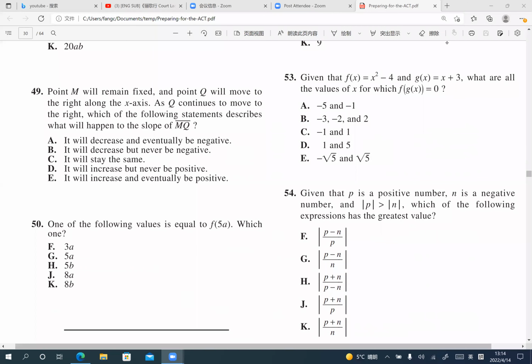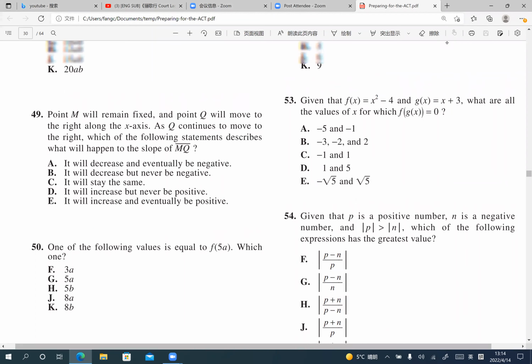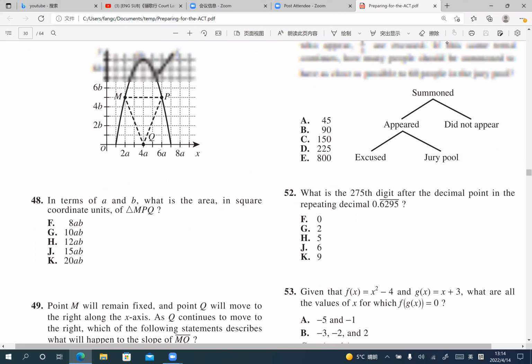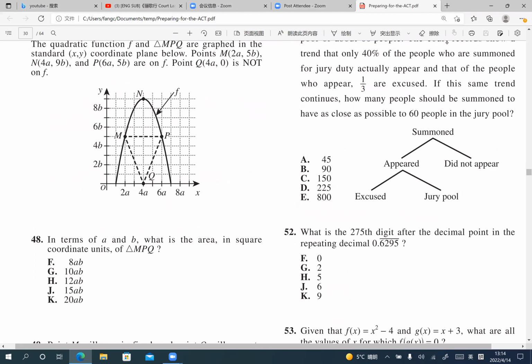Question 50. One of the following values is equal to f(3a). Which one? From the same graph, we can tell f(a) should be equal to 8b. Which point has the same y coordinate?